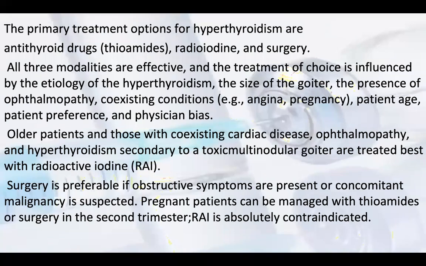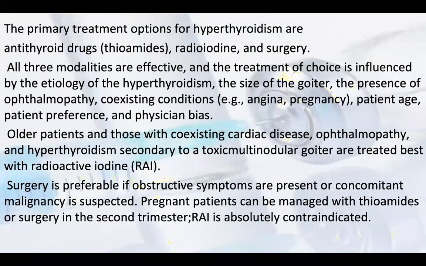The primary treatment options for hyperthyroidism are anti-thyroid drugs. Now, what you have to take when there is hyperthyroidism: you need anti-thyroid drugs. There are thionamides, radioiodine, and if it cannot be cured, then go for surgery. All three modalities are effective.